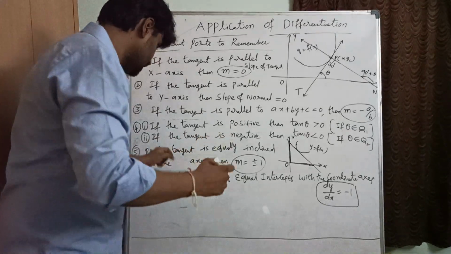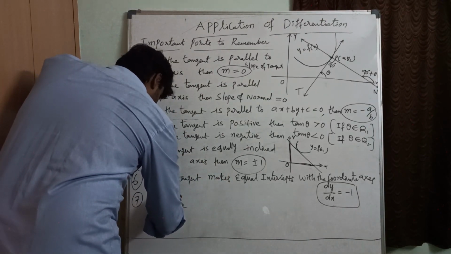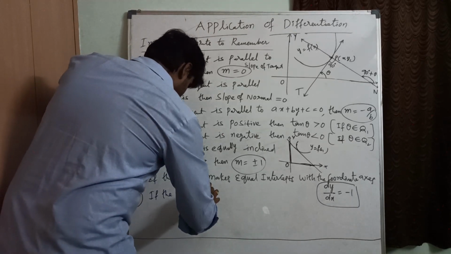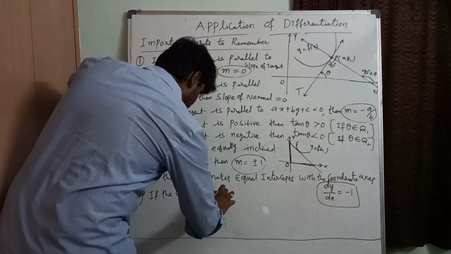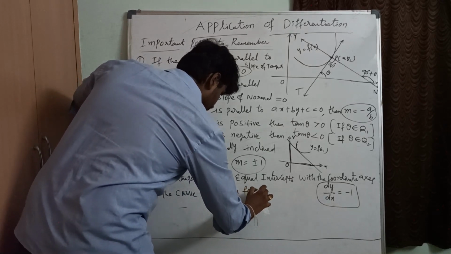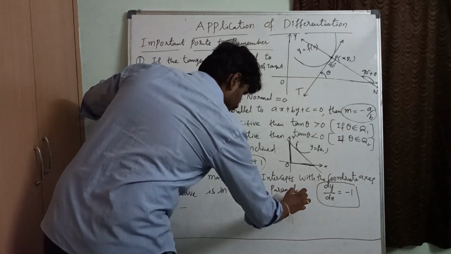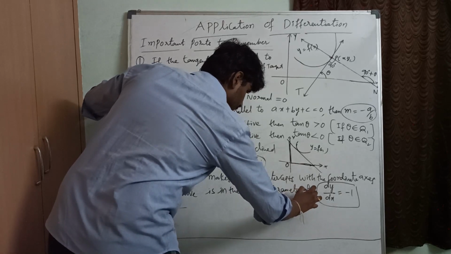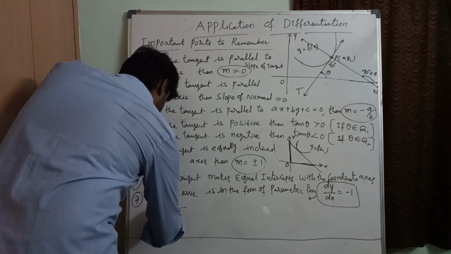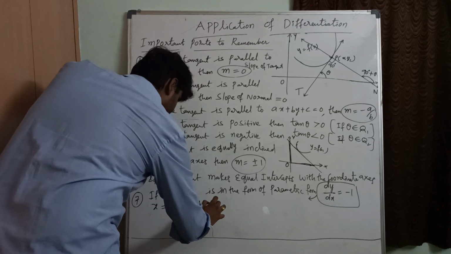Okay, so now if the equation of the curve is in parametric form, what is that? x equal to f of t and y equal to g of t.